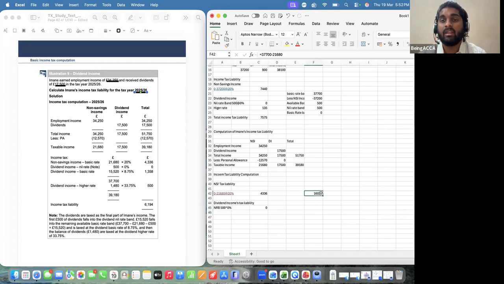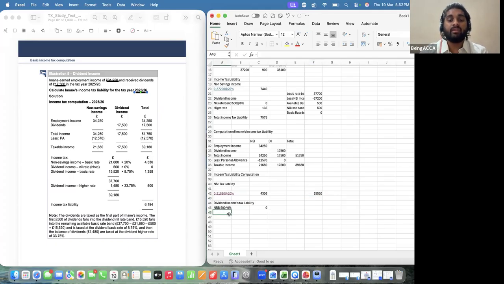So now here from 16,020, what do we have to deduct? Another 500, because in 37,700, the 500 has also been utilized. Always remember, these rough works play a very crucial role. Now you are left with 15,520 in your basic rate slab.